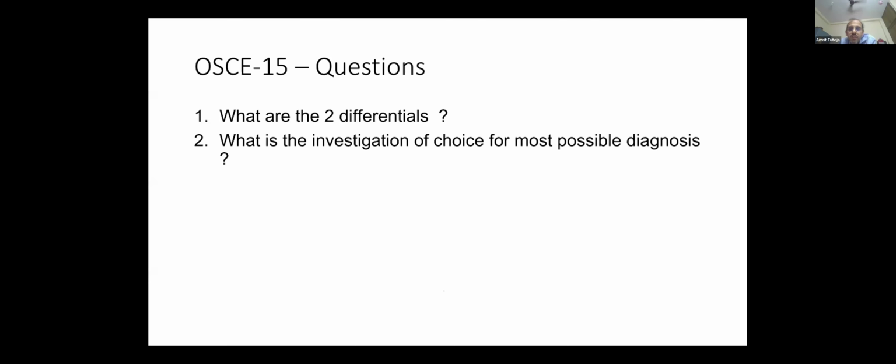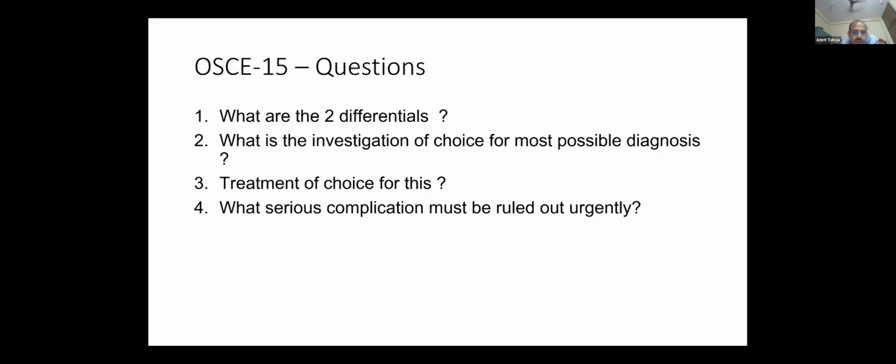What is the investigation of choice for the most possible diagnosis in this case? What will be the treatment of choice? And what serious complication must be ruled out urgently? And what is the recurrence risk in the next pregnancy?